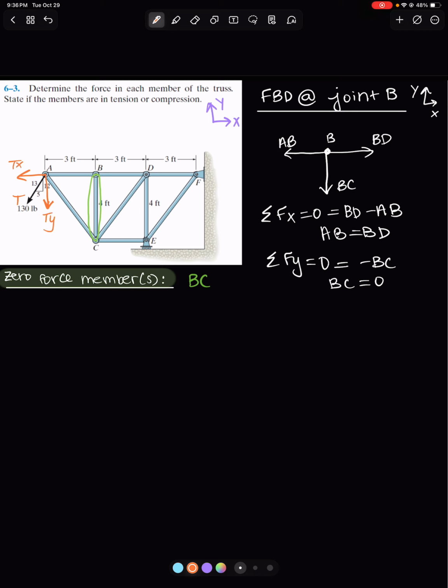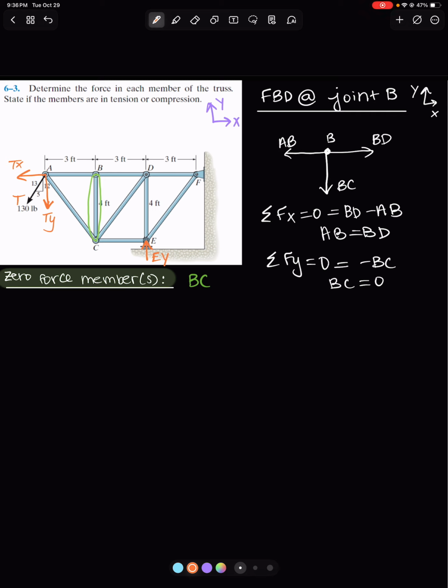So a roller at E produces a normal force on the body. I'm going to call this Ey because it's in the y direction. And then looking at the x component of T versus the support reactions at F, which is a pin, we know it's going to have a support reaction in the x and the y.